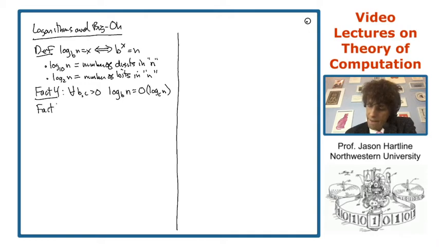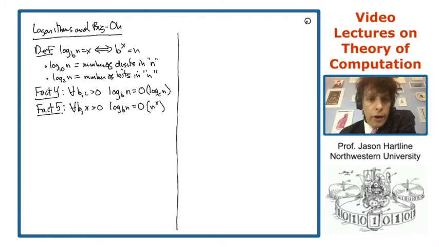Fact 5: for all constants b and x bigger than 0, log base b of n is big O of n to the x.